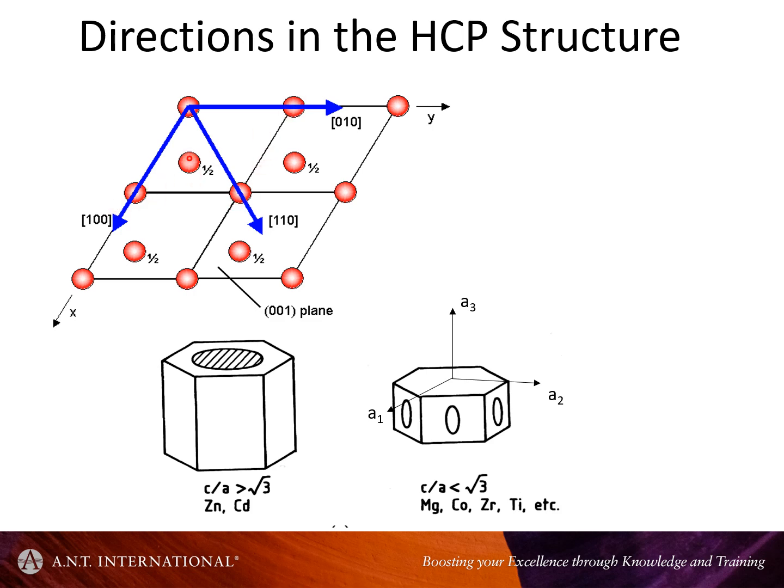The next layer, which is halfway up the unit cell, or halfway up what's called the c-axis of the unit cell, sits here, and that's that intermediate site. So this would be an A, and this would be a B atom. And we see the hexagonal symmetry here reflected just at this point here.